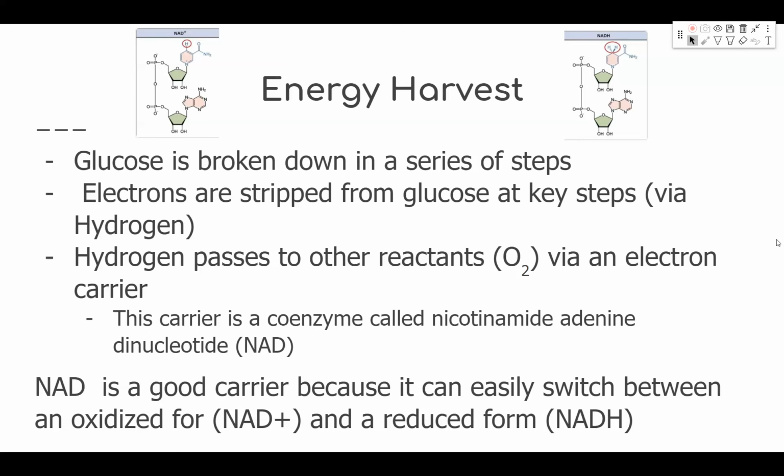So we've taken glucose, we've broken it down, we've oxidized it by taking those electrons. And when we take those electrons, we're going to put them onto our carrier, onto NAD to make it NADH. NADH is going to carry those high energy electrons until it can get to where it needs to go.